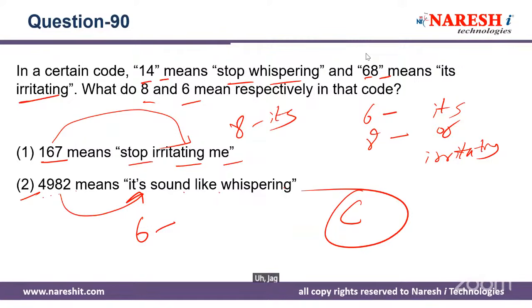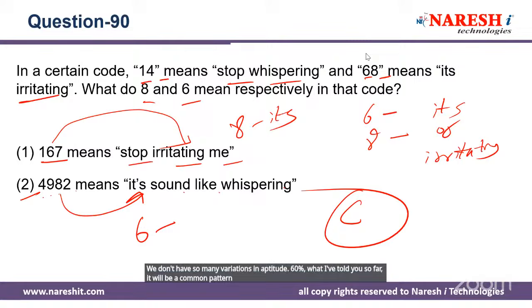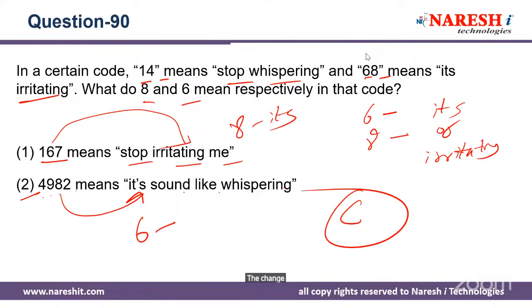Jagdish, see, all the companies have a common pattern. It would be almost 50 to 60% common pattern. I'm not saying that this is only coming in Cognizant. We don't have so many variations in aptitude. The 60 percent that I told you so far will be a common pattern in Infosys also, Tech Mahindra also, and in other companies also. The difference will be hardly 20 to 30 percent. I mostly touched Cognizant, but there is a 60% common pattern in other companies too.